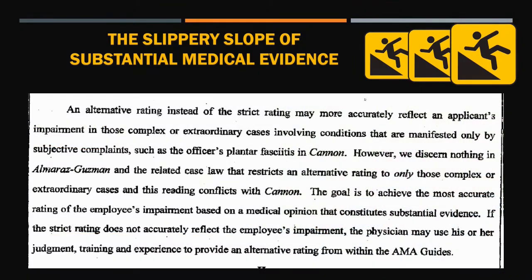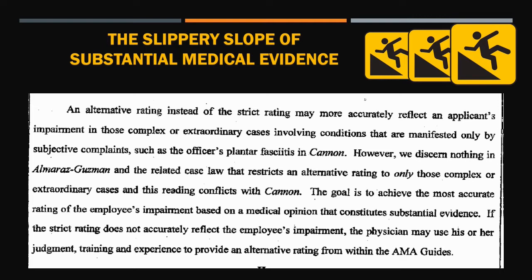Okay, so let's read from the case, and these are take-home principles for you to remember when it comes time for you to employ alternative impairment ratings. And the take-home principle is that you have tremendous latitude in using the four corners of the AMA guides if you can simply provide some basis or support for your alternative impairment rating.